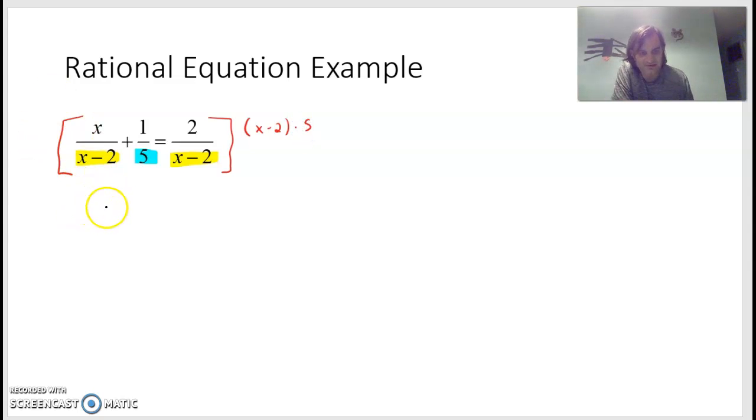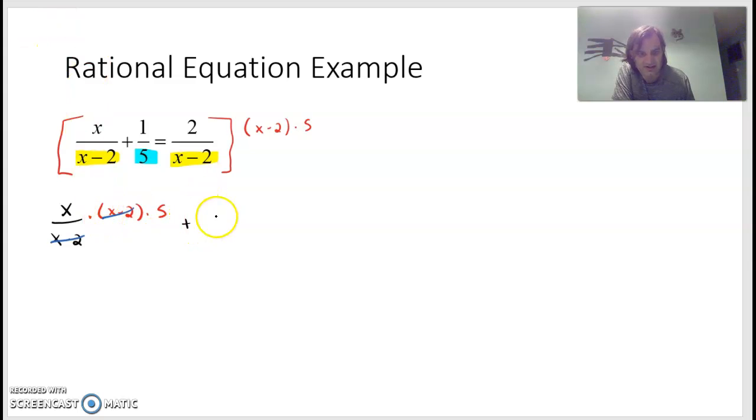The first term here is x over x minus 2. If I multiply that by x minus 2 and 5, I'm going to be able to cancel out an x minus 2 on top and bottom.